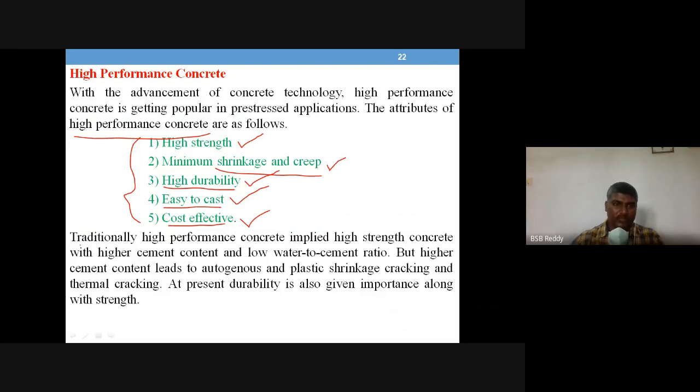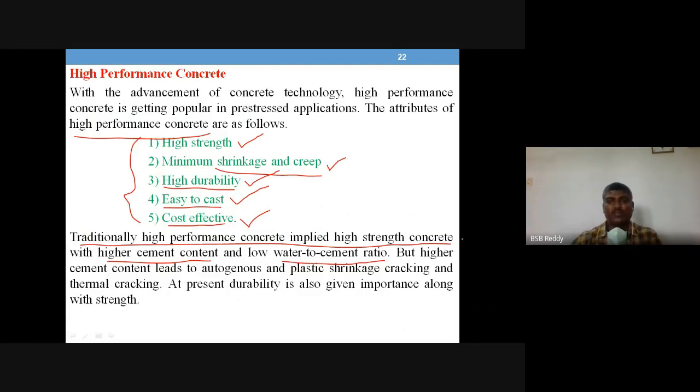Traditionally, high performance concrete implied high strength concrete with higher cement content and low water cement ratio. So in general, what does it mean? If you want high strength concrete, we will increase the cement content and reduce the water cement ratio, so you get high strength.